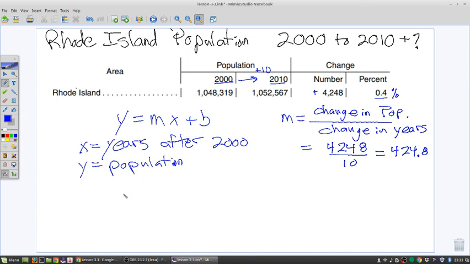And so my formula then should be the slope of 424.8 times the years after 2000, plus the initial population in 2000 of 1,048,319 people. And so I'm just going to apply that to my spreadsheet, and my spreadsheet will just pick the right year in the year column.